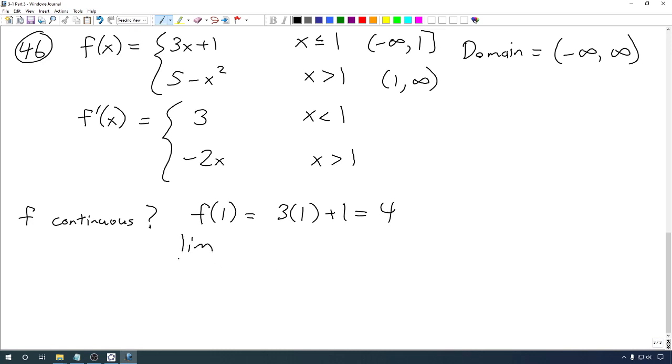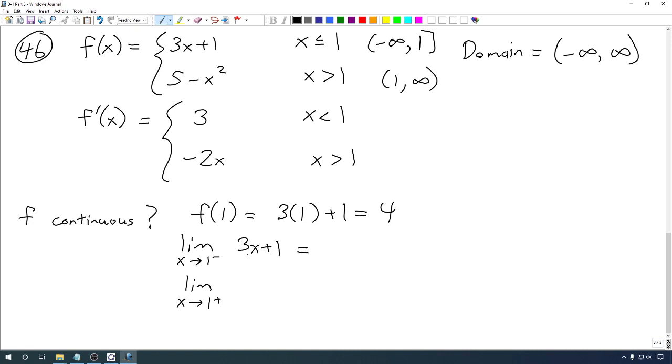To find the limit, though, we're going to have to take one-sided limits. We're going to have to take the limit from the bottom. That's going to follow the formula 3x plus 1. And we're going to have to take the limit from the top. That's going to have to follow the formula 5 minus x squared.